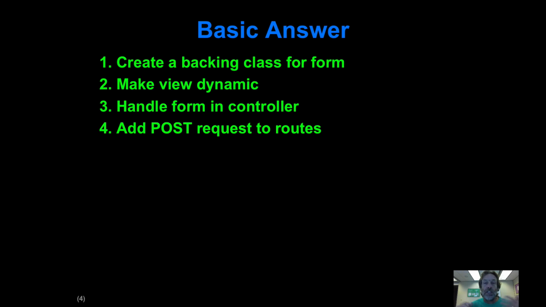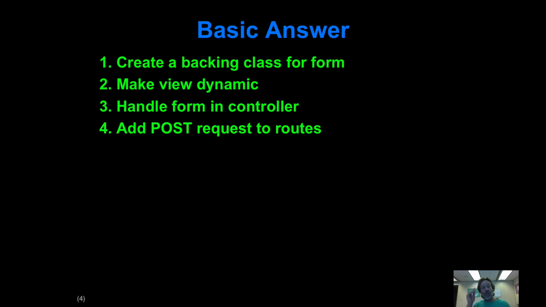The second thing you do, you're going to make your view template, that newcontact.scala.html file that presented that form along with all that Twitter Bootstrap stuff, dynamic. That's going to involve introducing some Scala code into your template, which is Scala code that's implemented by the Play framework to do dynamic stuff.